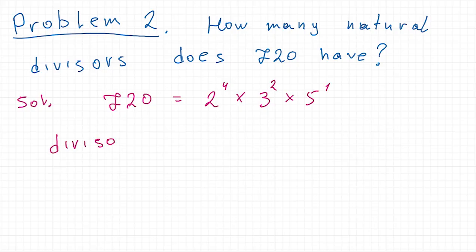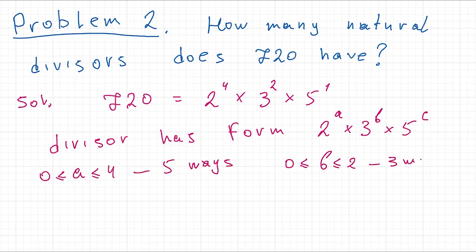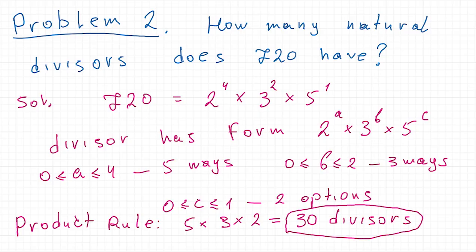Our divisor is of the form 2 to the power of A times 3 to the power of B times 5 to the power of C, with A from 0 to 4, 5 choices, B from 0 to 2, 3 choices, and C from 0 to 1, 2 choices. By the product rule, the total number of divisors is 5 times 3 times 2, that is 30.